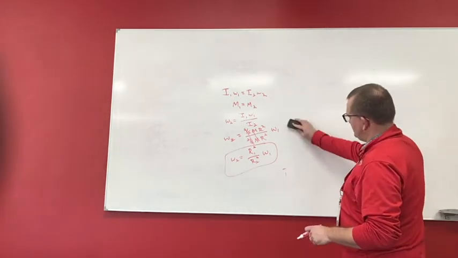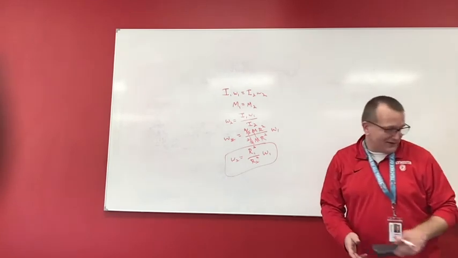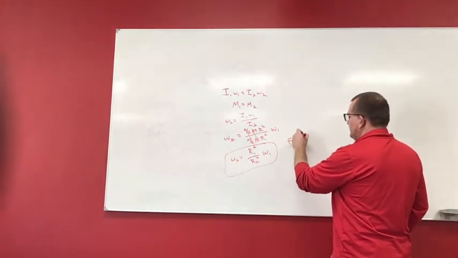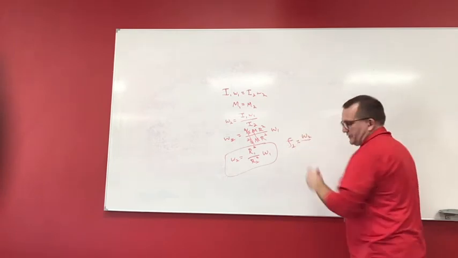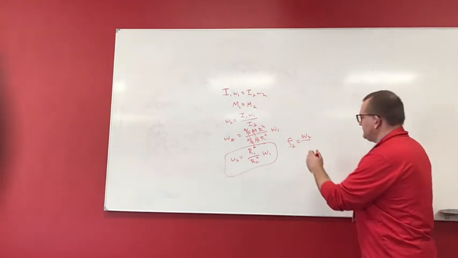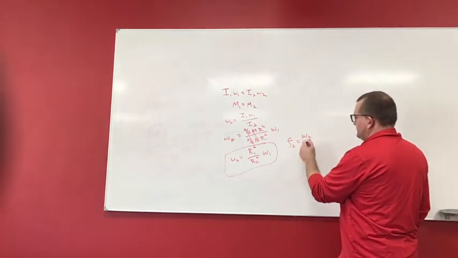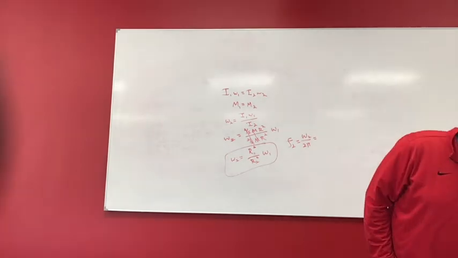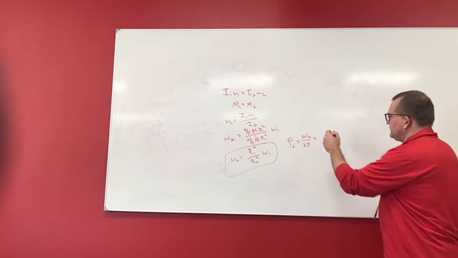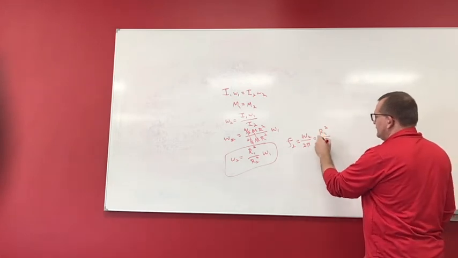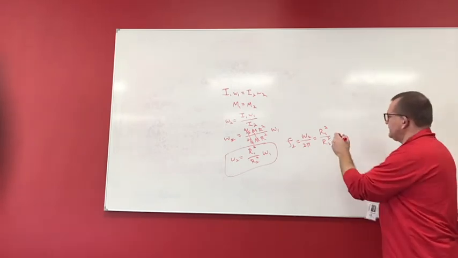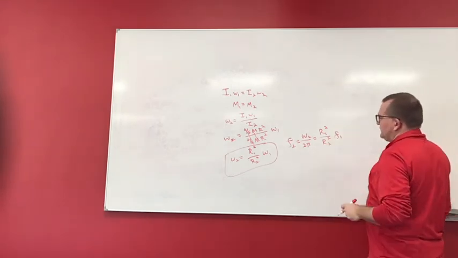So we're going to take a different path to solve this now. If we're looking at frequency, frequency 2 is going to be W2 over 2 pi, and that's going to equal, just changing this up a little bit, R1 squared over R2 squared times frequency 1.